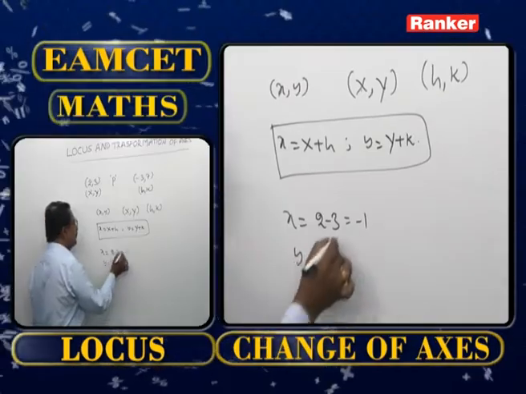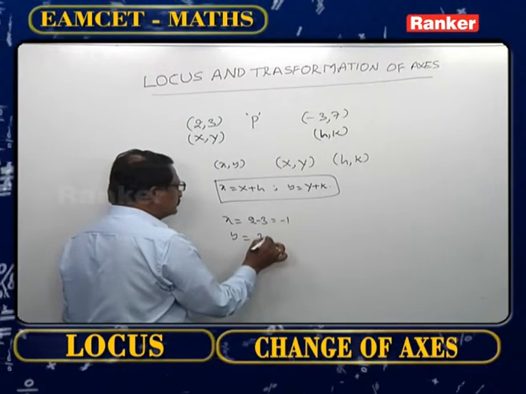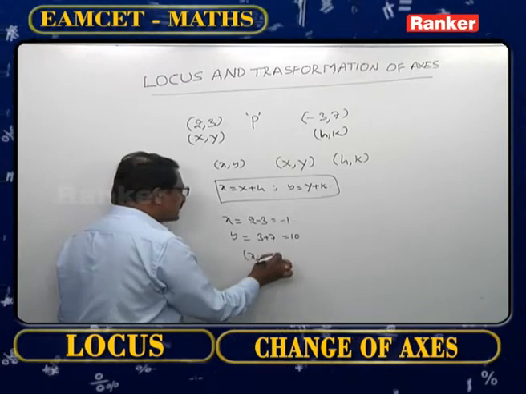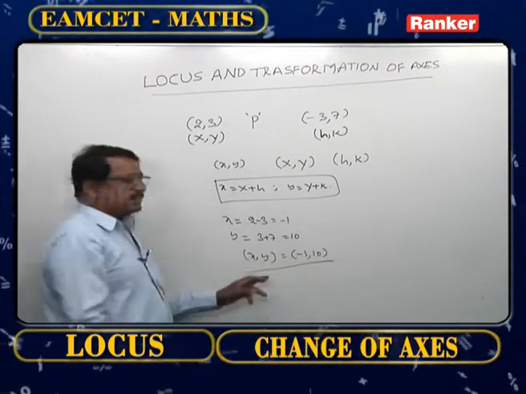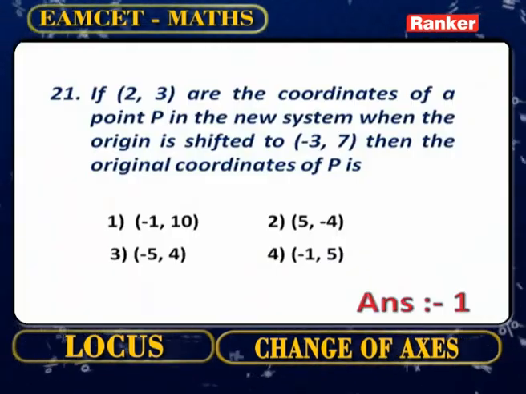Y equals capital Y plus k, which is 3 plus 7, that equals 10. Therefore, the original point x, y equals minus 1, 10. The option is the first option.